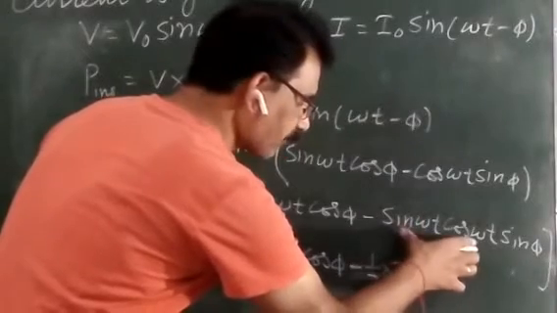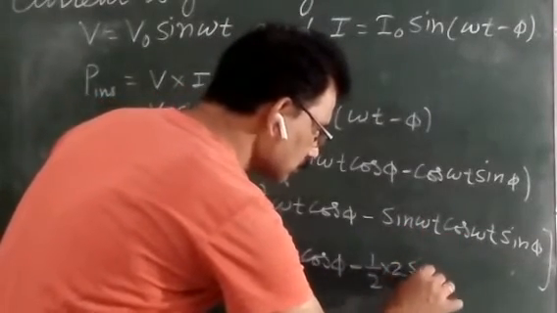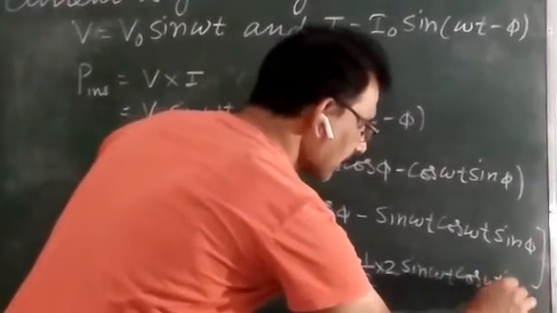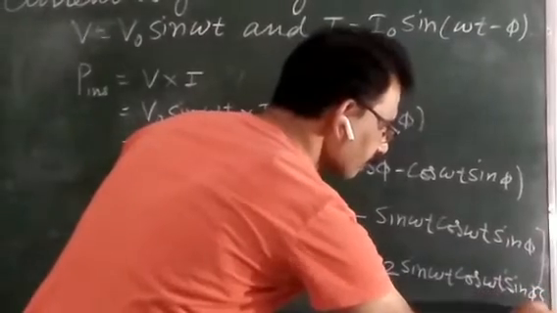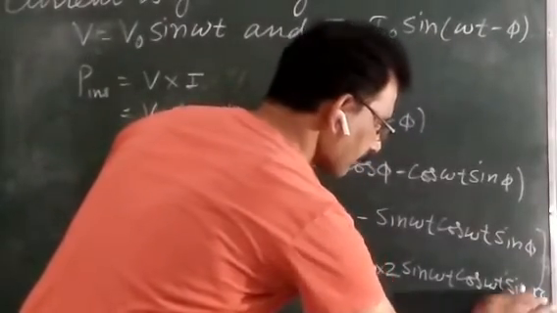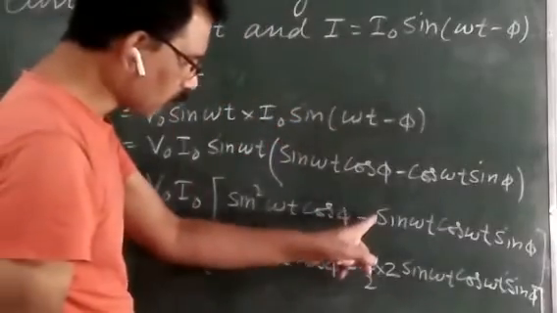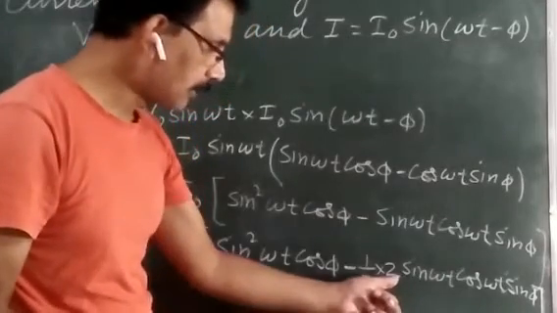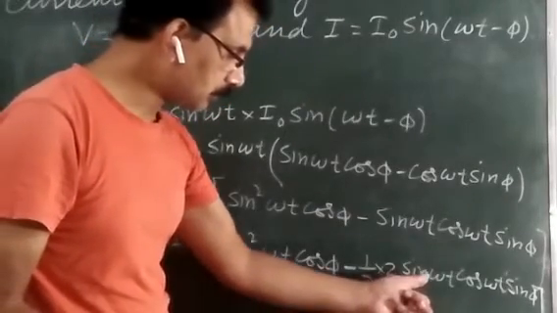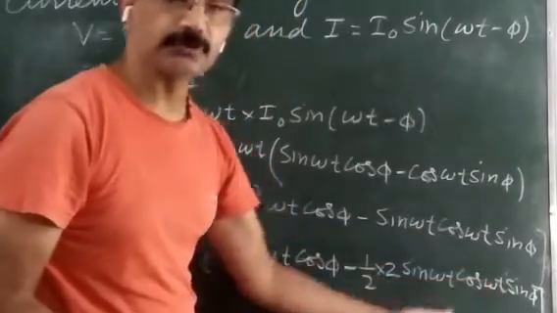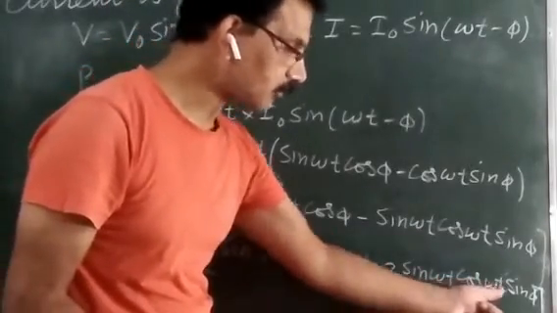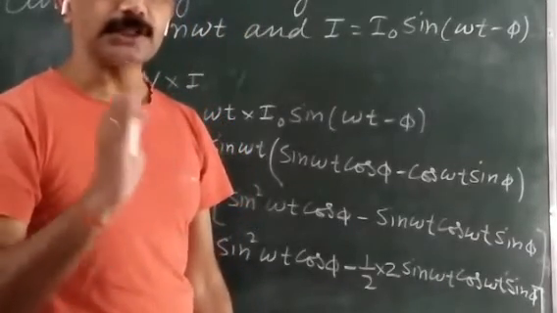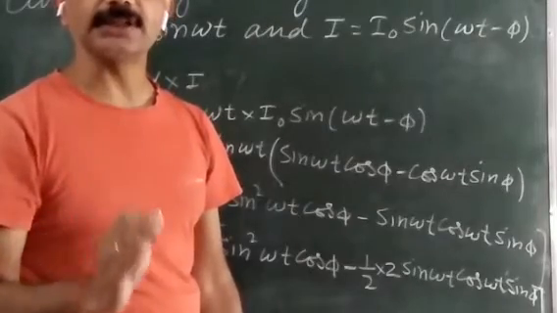So there is no effect in this, and you can write 2 sin omega t cos omega t, and this one is sin phi. Why am I doing like this? Because there is the formula 2 sin A cos A. This 2 sin omega t cos omega t is equal to sin 2 omega t. This is the formula: sin 2 theta is equal to 2 sin theta cos theta.